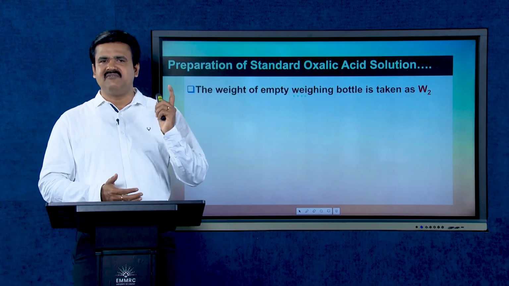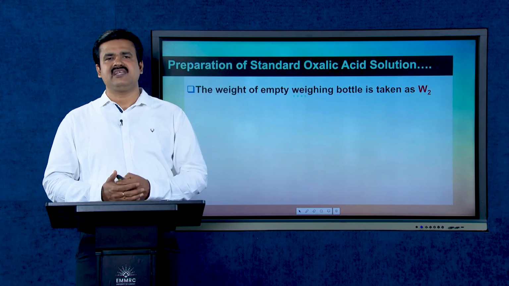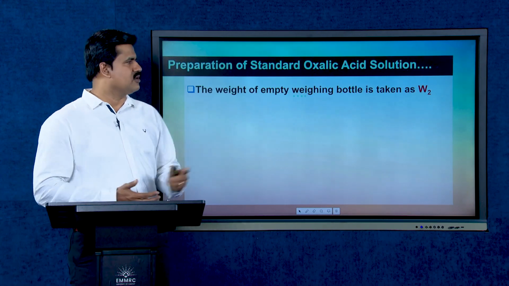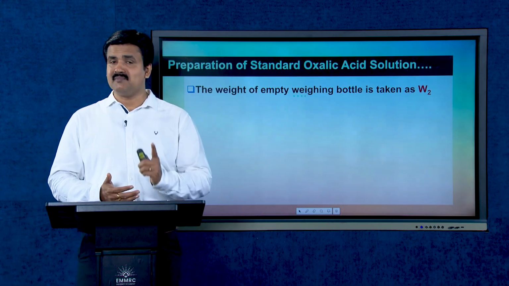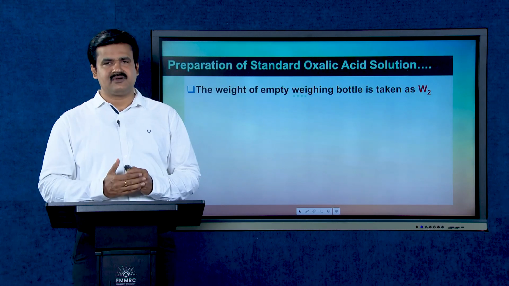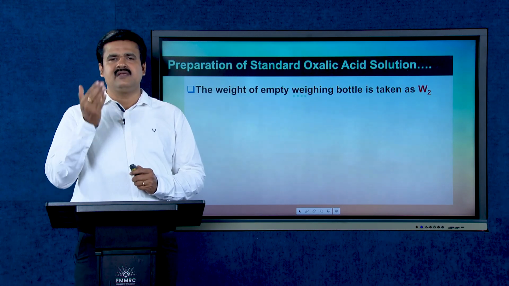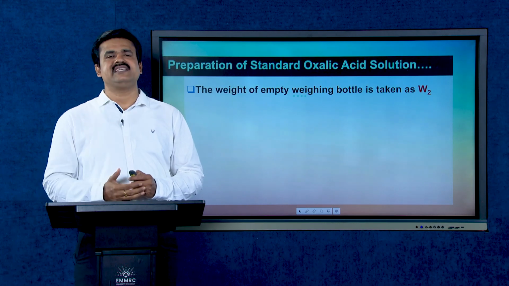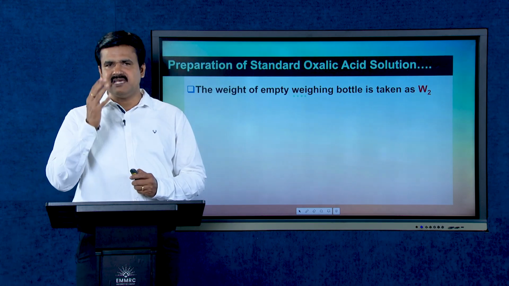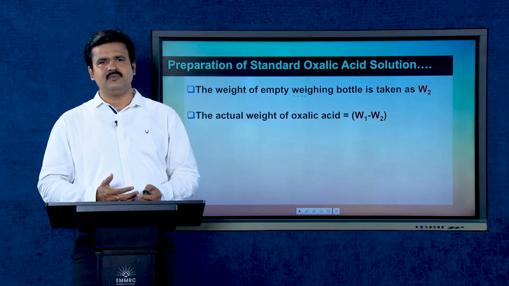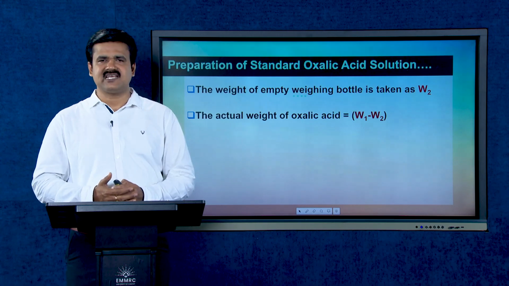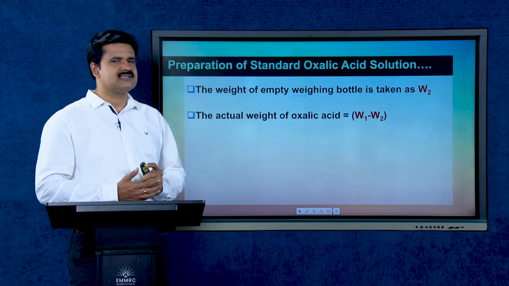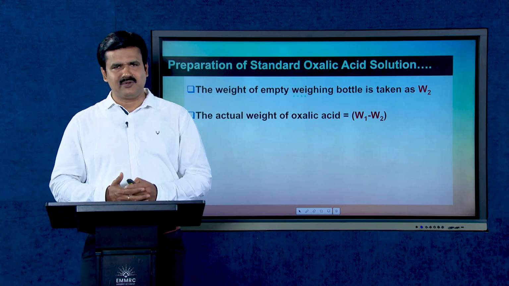Now, the weight of the empty weighing bottle is taken and it is recorded as W2. So, remember W1 stands for weight of the weighing bottle and oxalic acid. W2 is the weight of empty weighing bottle. So, the actual weight of oxalic acid can be calculated as W1 minus W2.